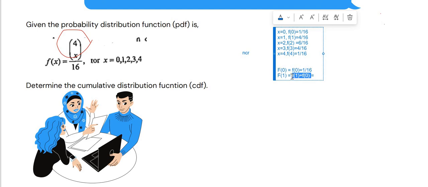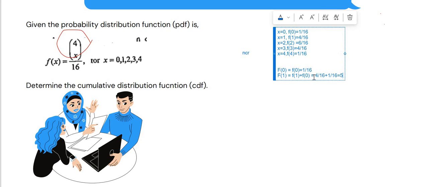So CDF and PDF. If CDF, F(1) means the probability of itself and the probability before it. Maksudnya not just the one before it only, but until the starting lah. Okay. So F(1), what is F(1)? 4 over 16 and then plus 1 over 16.